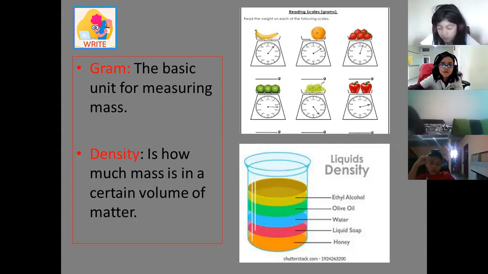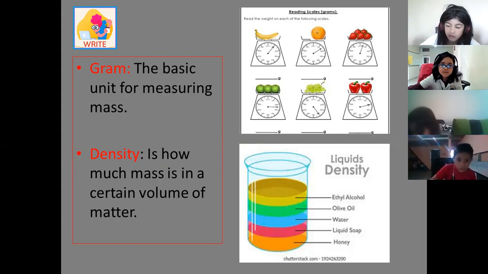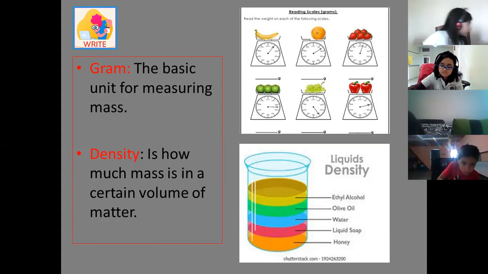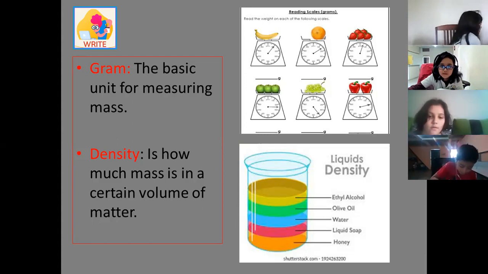The unit that we use to measure the density is the gram. Okay. Imagine that you want to make a salad, or whatever thing that you want to do, or you are making a smoothie or something like that with fruits. If you can see in that picture, there is a bowl with different fruits.